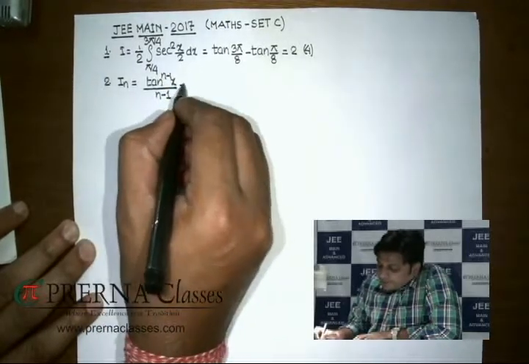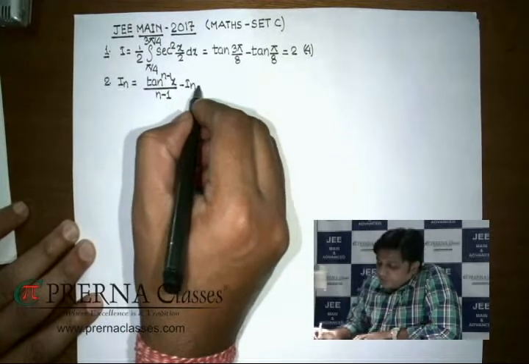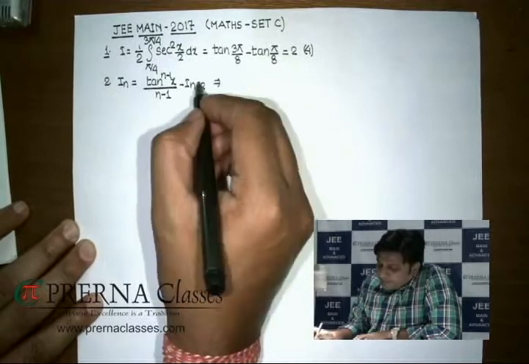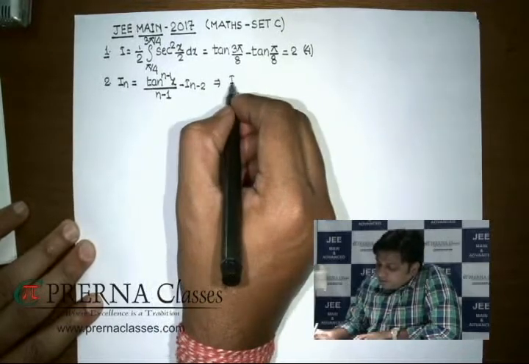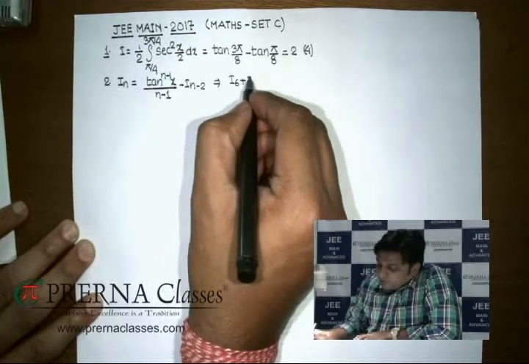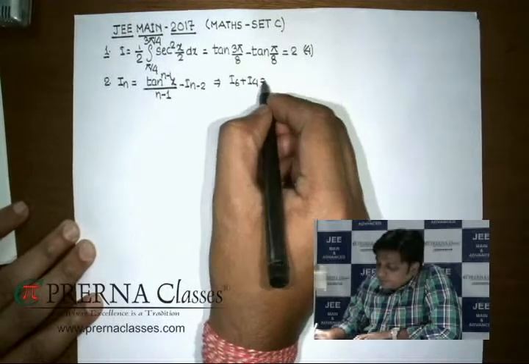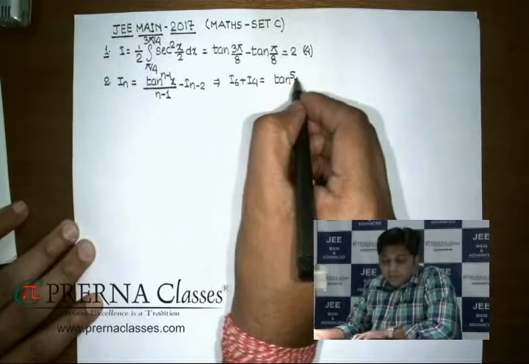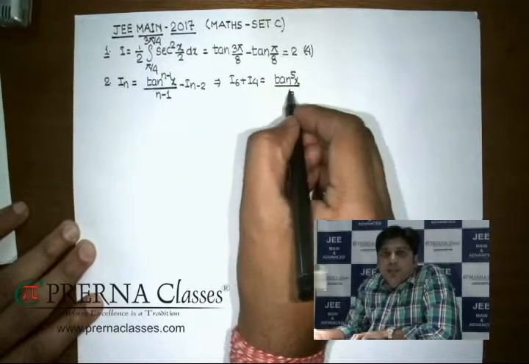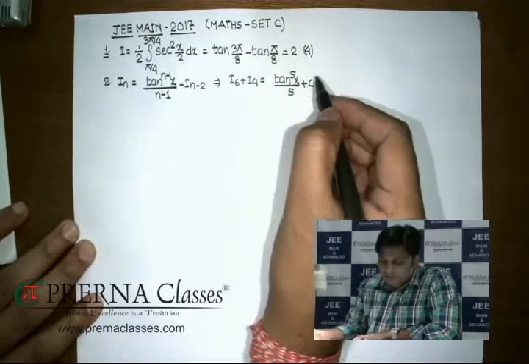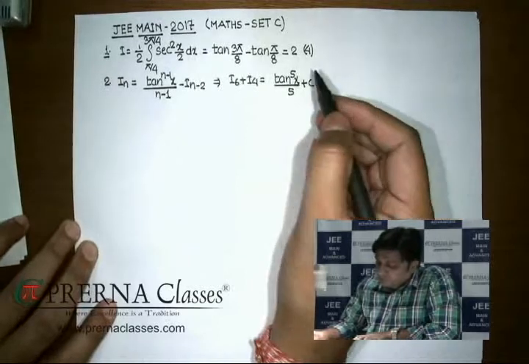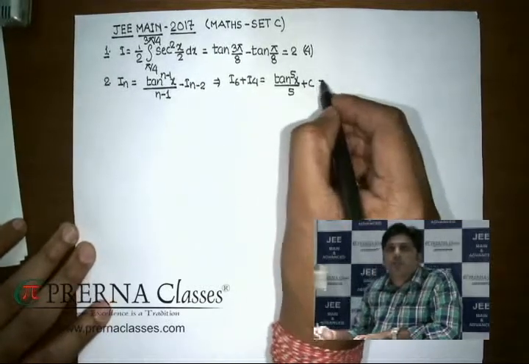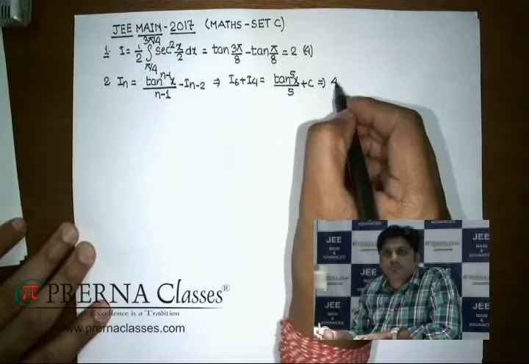What that implies is, if you substitute n equals 6, I6 plus I4 will turn out to be tan to the power of 5x by 5 plus c. Therefore, the value of a is 1 by 5 and the value of b is 0. Option 4 then is the correct answer for this particular question.